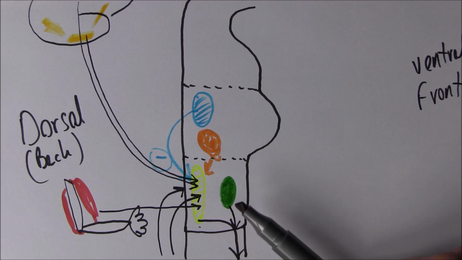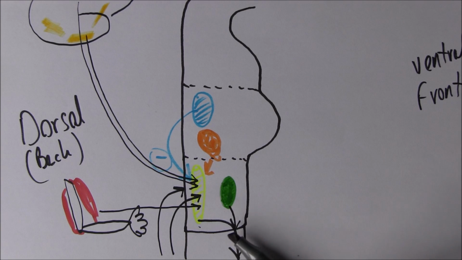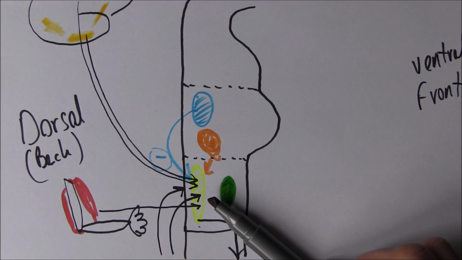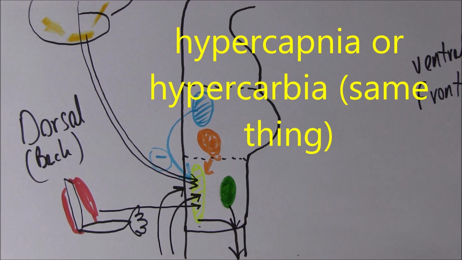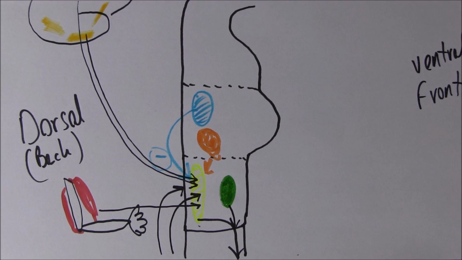So what we can say is the medulla oblongata is able to detect the hypercapnia, the hypercarbia, with the associated increase in hydrogen ions, and is able to generate a respiratory response to that, to blow them off, to reduce the carbon dioxide.